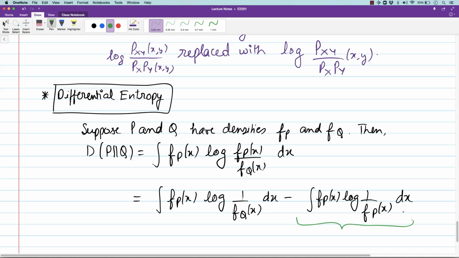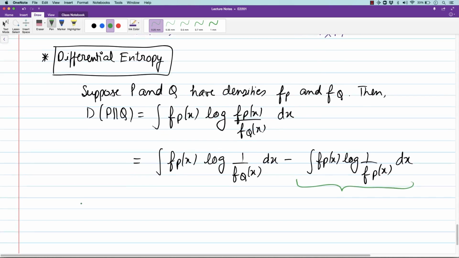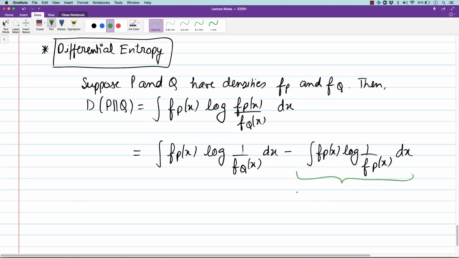Earlier when we did this expansion, we had entropy on this side, but this quantity here is the differential entropy of P, and it's denoted by small h of P. I know that we had used this small h for binary entropy, but it's the same notation we'll use here because you forget about binary entropy in this chapter. So this is the differential entropy.